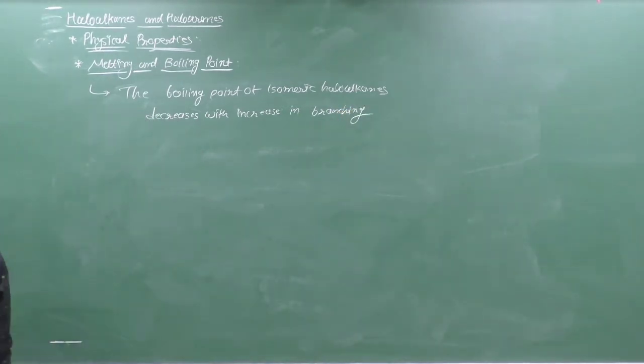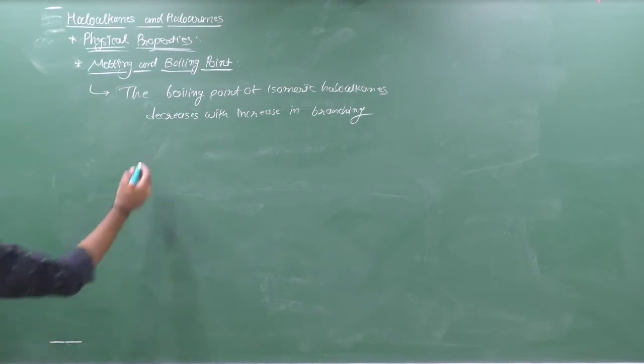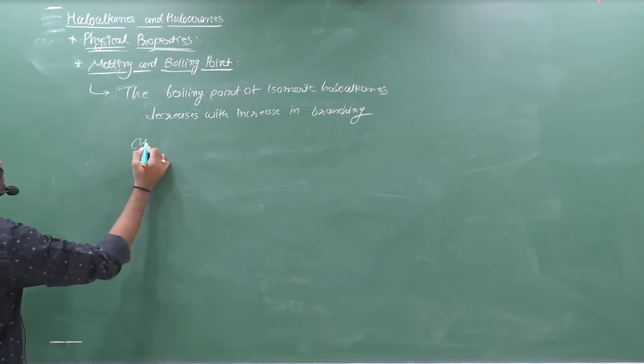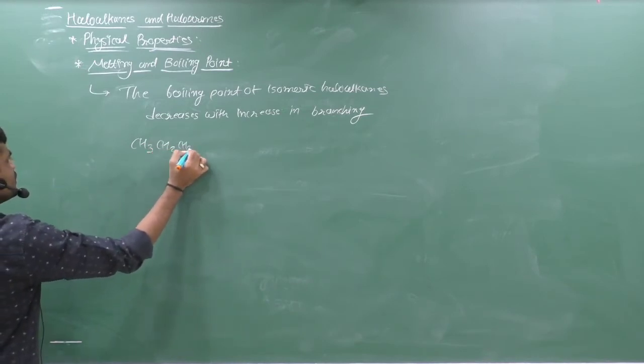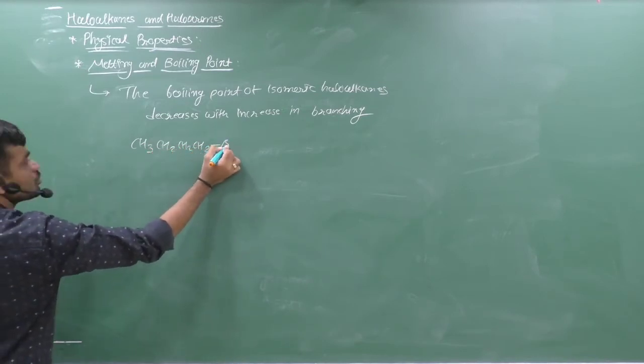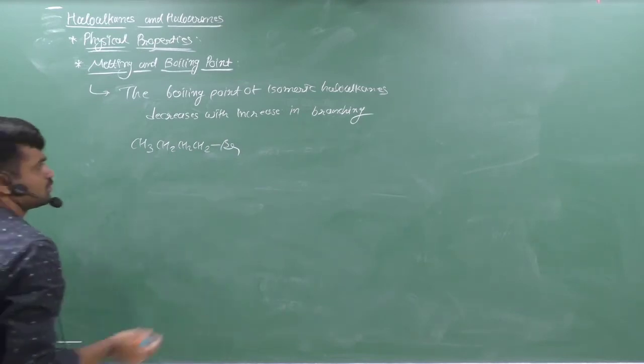Increasing branching means, if we have isomeric haloalkanes, CH3CH2CH2Br is normal.